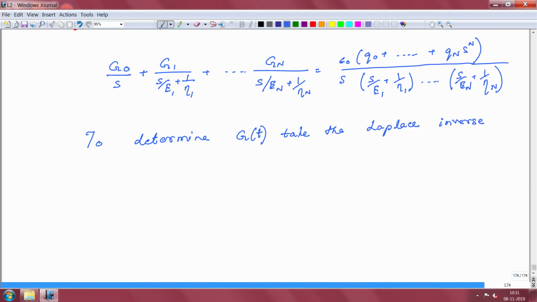And when you do the Laplace inverse, g of t becomes, the first one is g naught by s, so that will simply be g naught, and in each of the other cases you will have g 1 multiplied by an exponential function, where the exponential will be such that it is t by eta 1 by E 1, right, and all the way till g n.